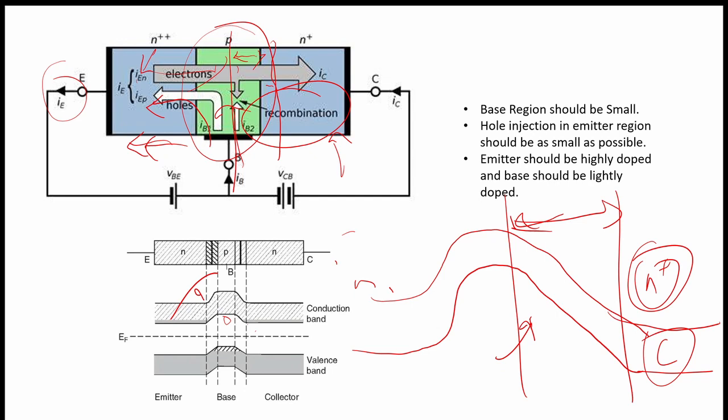Now again this is n plus plus doped. So as soon as the electrons come to this point, they will be swept away. Okay, so we have reduced the effective base region by reverse biasing it.